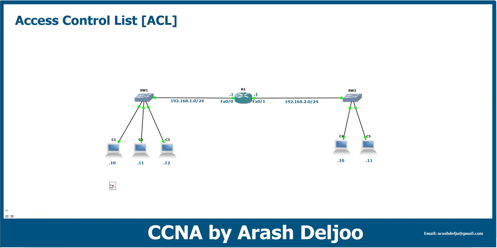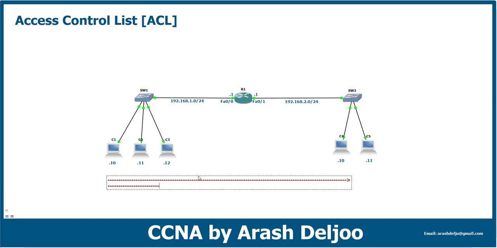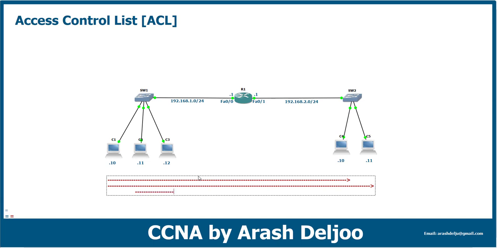After the configuration of the router's interfaces, you can easily test the path of traffic from, for example, computer 1 to computer 4, or from computer 1 to computer 5, or also from computer 2 to computer 4, and from computer 2 to computer 5.